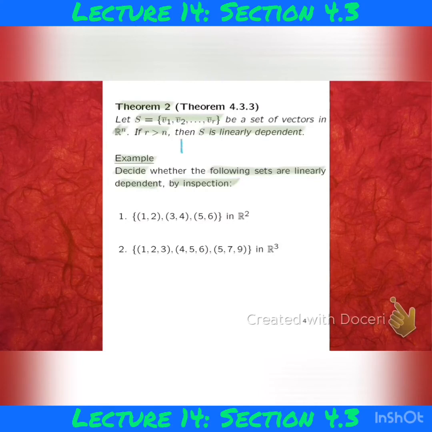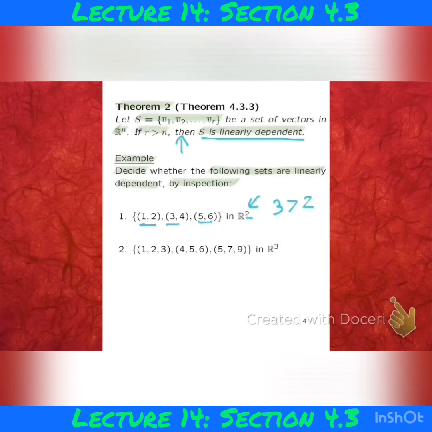Your theorem states that if you work in Rn, in this case R2, so n is 2, and the number of vectors in your set is larger than n, then the set is linearly dependent. The number of vectors here is 3, so r is 3 and n is 2. Since 3 is bigger than 2, S is linearly dependent.